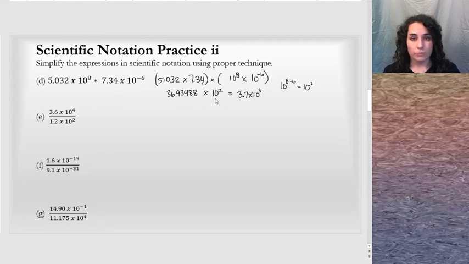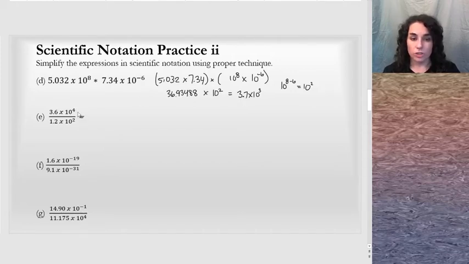Okay. So I didn't plug the actual terms into the calculator. I just plugged the first terms into the calculator. I did exponential multiplication on the second two terms, and then I was able to easily convert it to some number between 1 and 10. Okay.